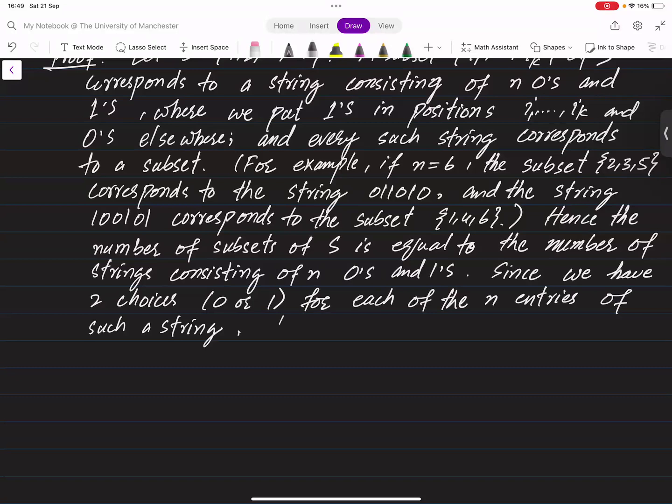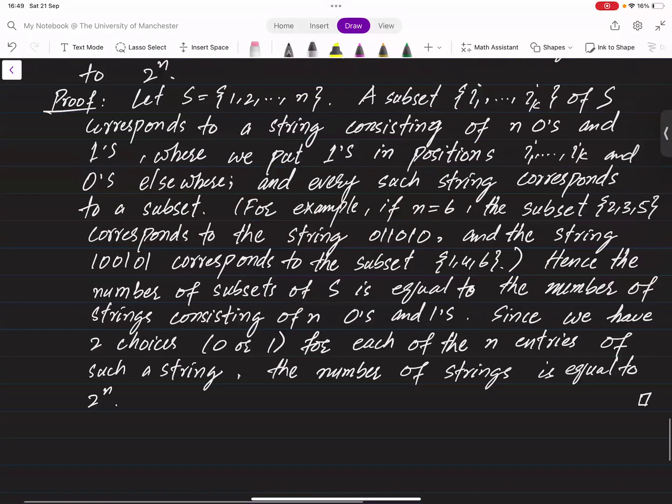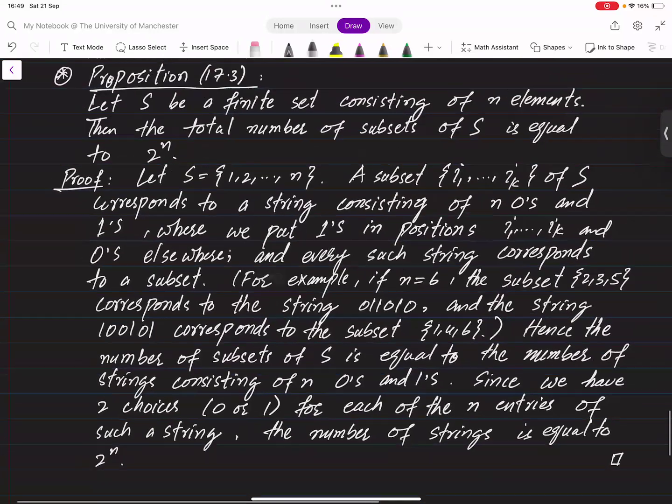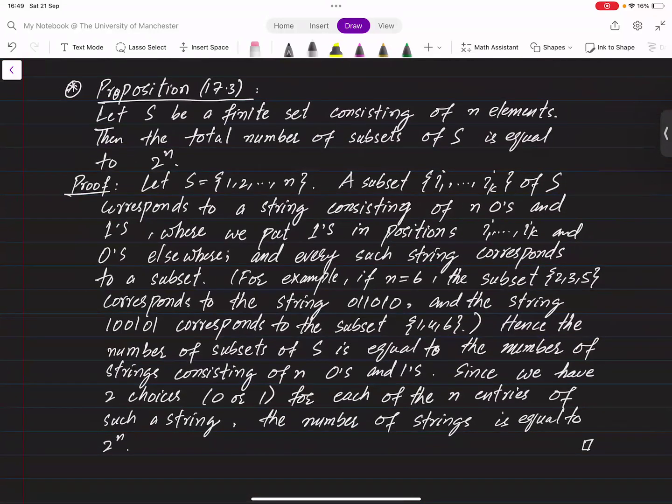The number of strings is equal to 2 power n. And that is the proof of our proposition. You hardly see a proof for this kind of proposition in set theory. So enjoy. Thank you.